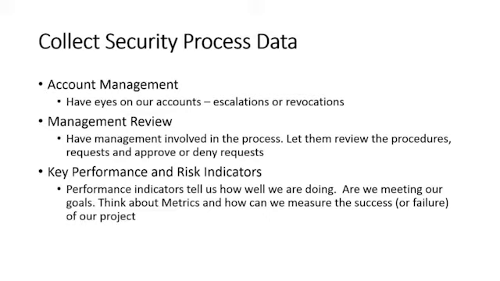We can have key performance and risk indicators. Now, performance indicators tell us how well we're doing or how well we're not doing, I guess, if you want to look at it like that. Are we meeting the goals that we set for our processes, for our security strategies? So think about metrics when you think about key performance or risk indicators, right?